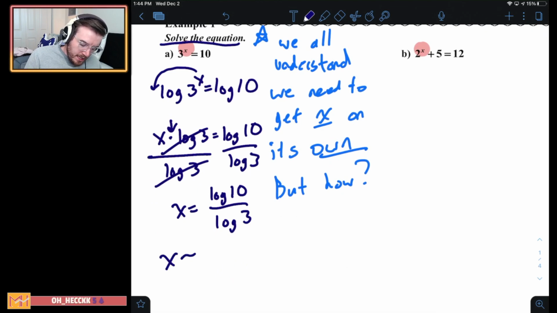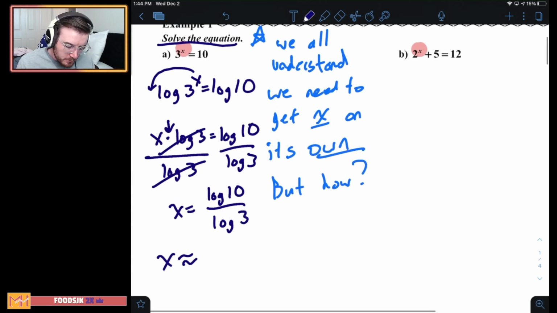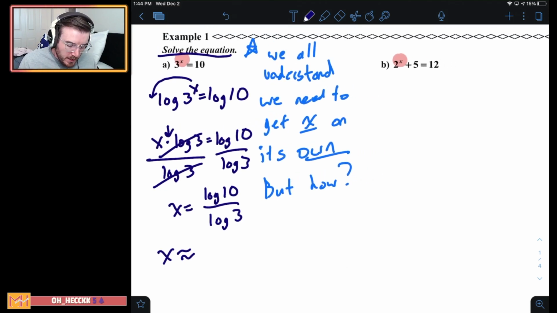We could also get an approximate decimal for this simply by plugging it into our calculator. But just for the sake of time, I'm not going to pull up and tediously plug it into a calculator, right? We've got our final answer right there, okay? Maybe I'll do 1 or 2 with a decimal.